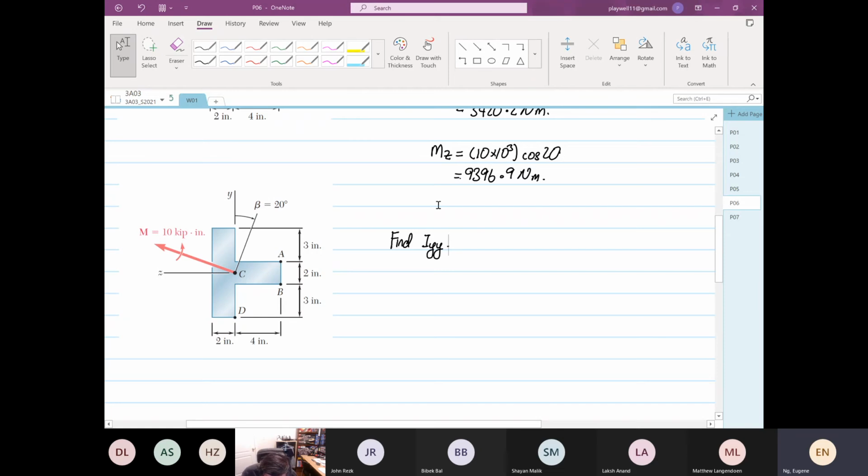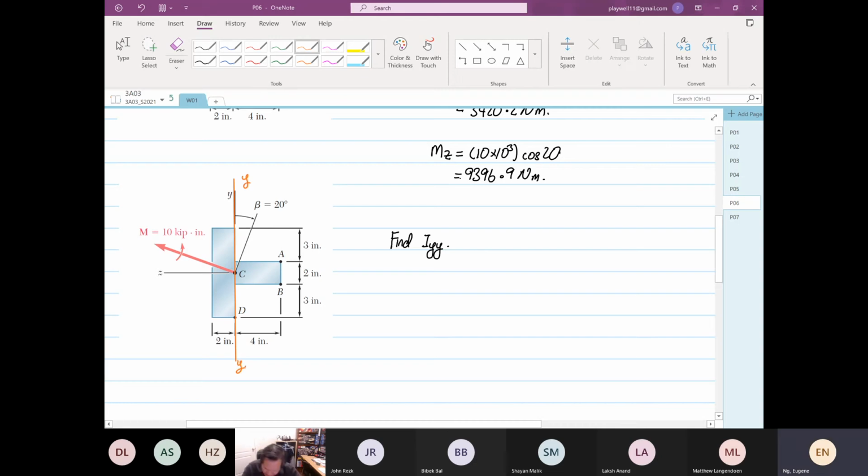The axis of interest is the YY axis, so I'm going to draw the YY axis. Okay, so this is the axis of interest. So this is YY.